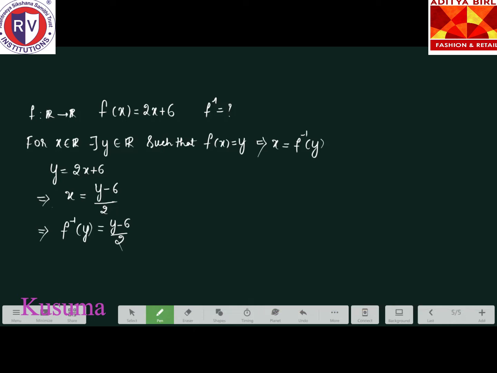So to find f inverse x, you just have to replace y by x. Since x and y are both variables, f inverse x is x minus 6 by 2, or x by 2 minus 3. That is, f inverse x is given by x by 2 minus 3, which is option A.